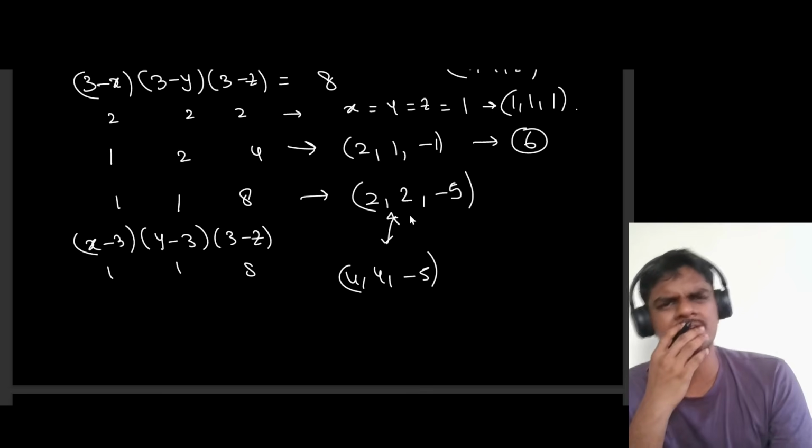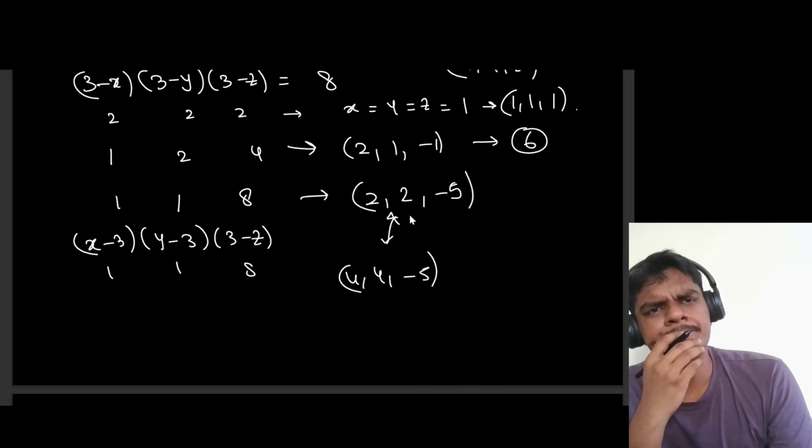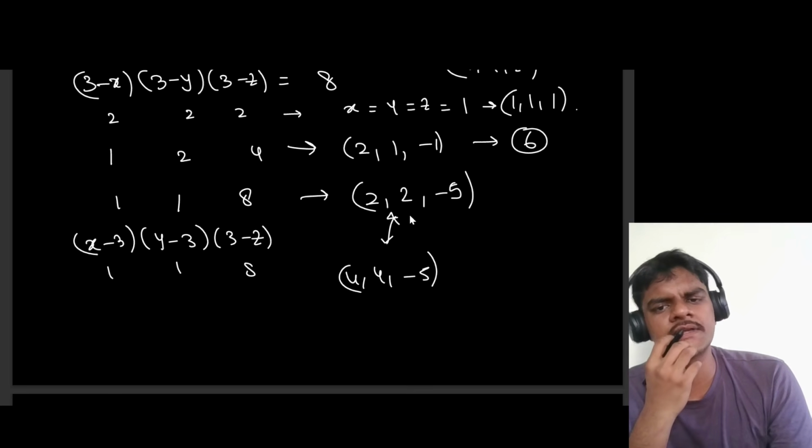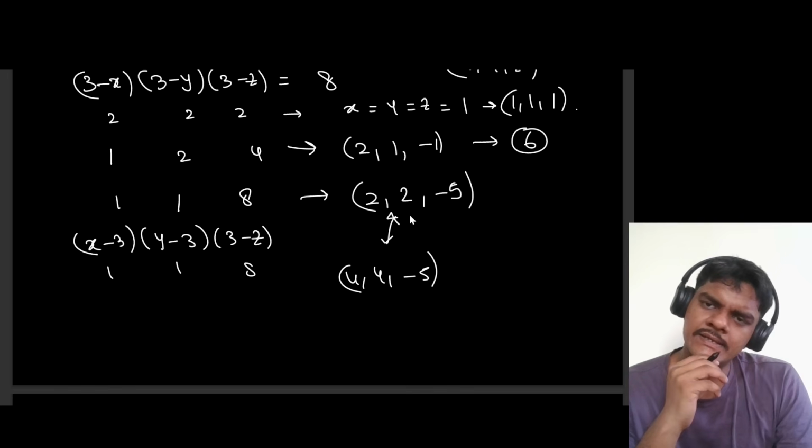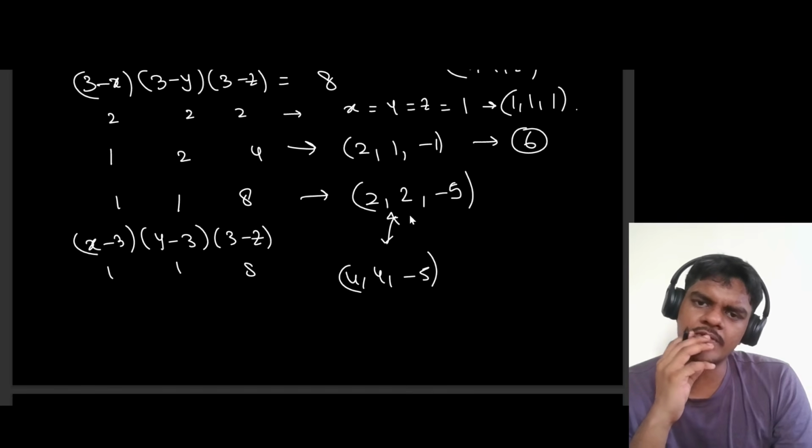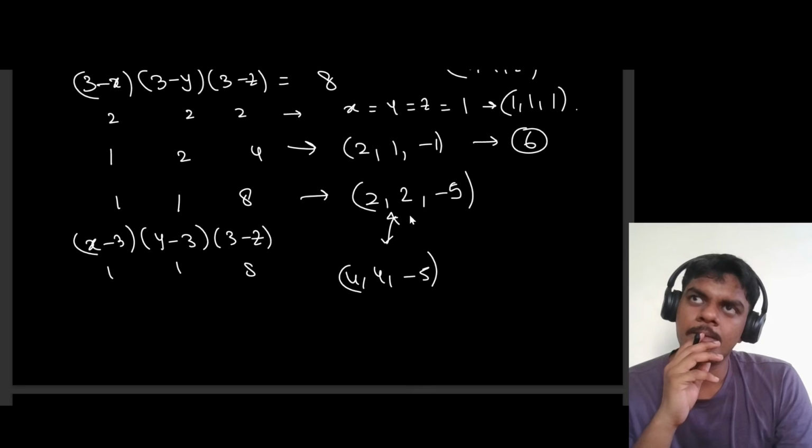So which one do we take really? If x, y are 2, 2, still it is working; 4, 4, still it is working. So we'll have a lot of solutions, don't we?